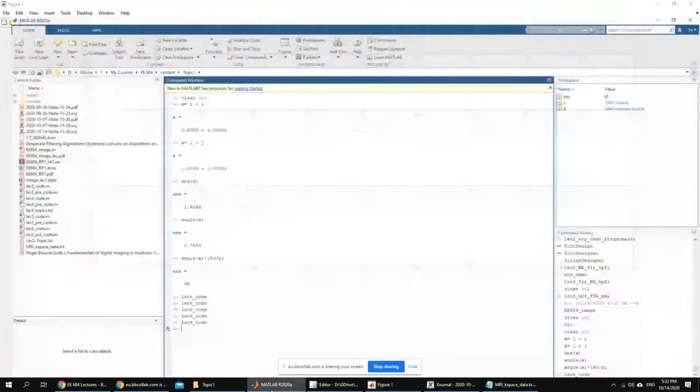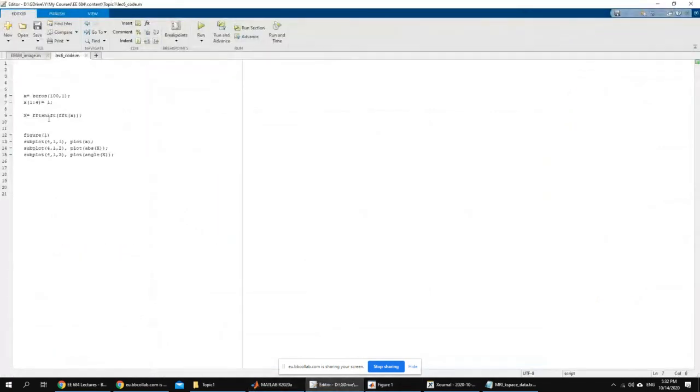Let's try that. Basically, I'm going to have X reconstructed equal to, if I do it this way, exactly the same thing here, but in the opposite order.